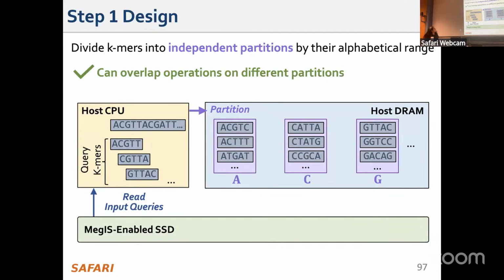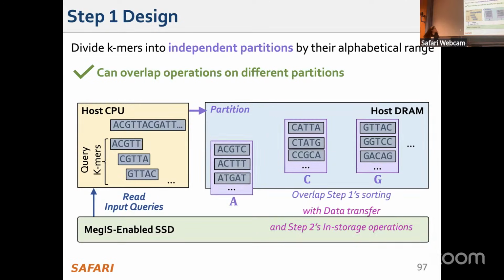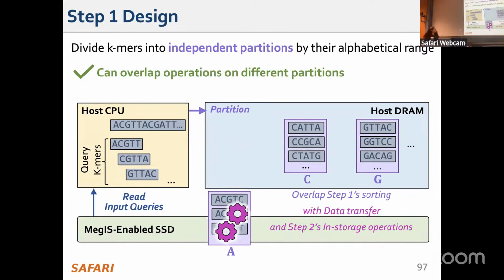What this helps us with is that we can overlap operations on different partitions. For example, once we are doing sorting on partition C, we can already move partition A to the SSD and do computation on it. So it hides some of that computation overhead.